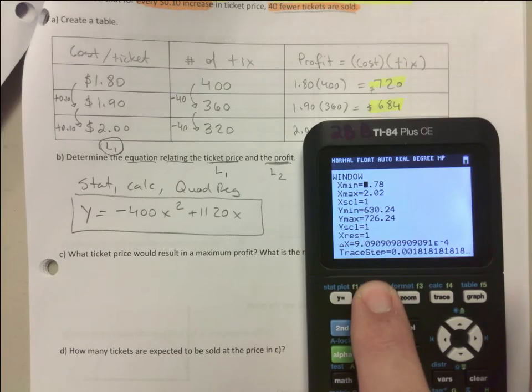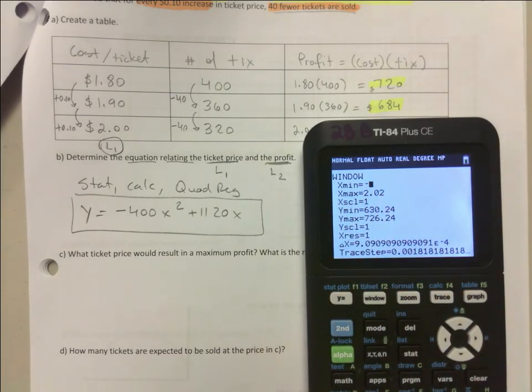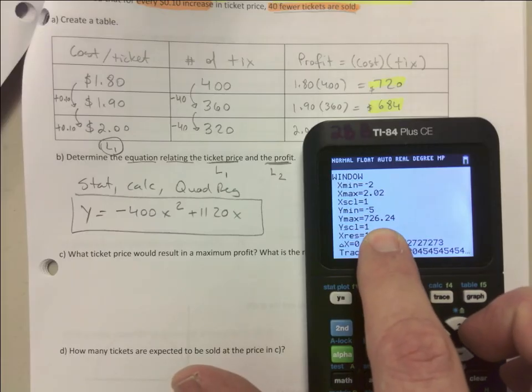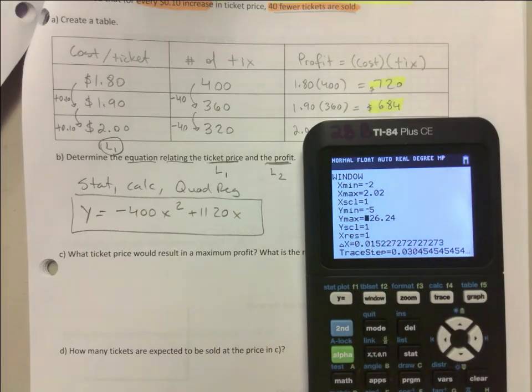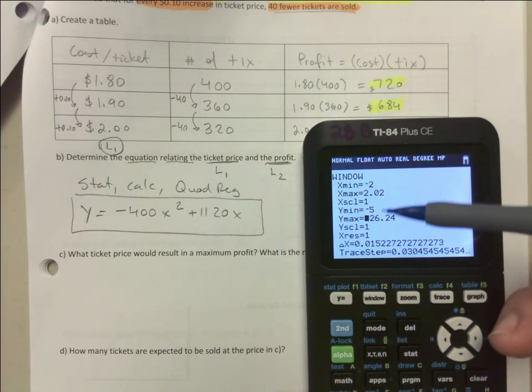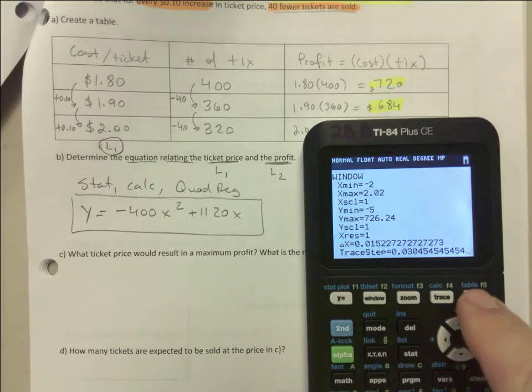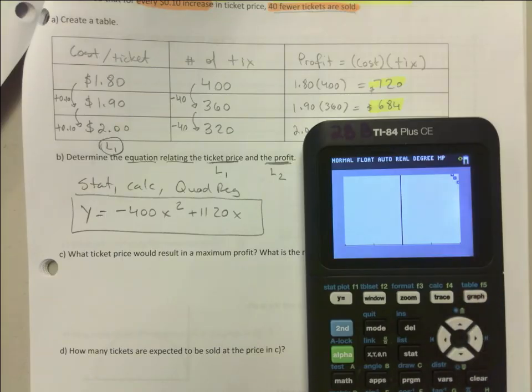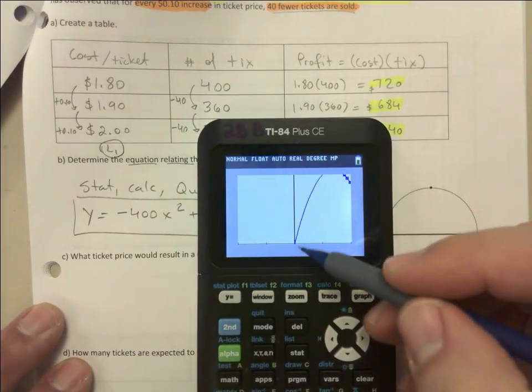So I'm going to go window, X min, I'm going to go -2. Y min, I'm also going to go maybe -5 there because there's a big value on the other side on the max, right? But just change the X min and the Y min to a negative value. That's my first step here. And I'm going to hit graph and see what I'm able to see now. So I start to see a bit more of it, right?